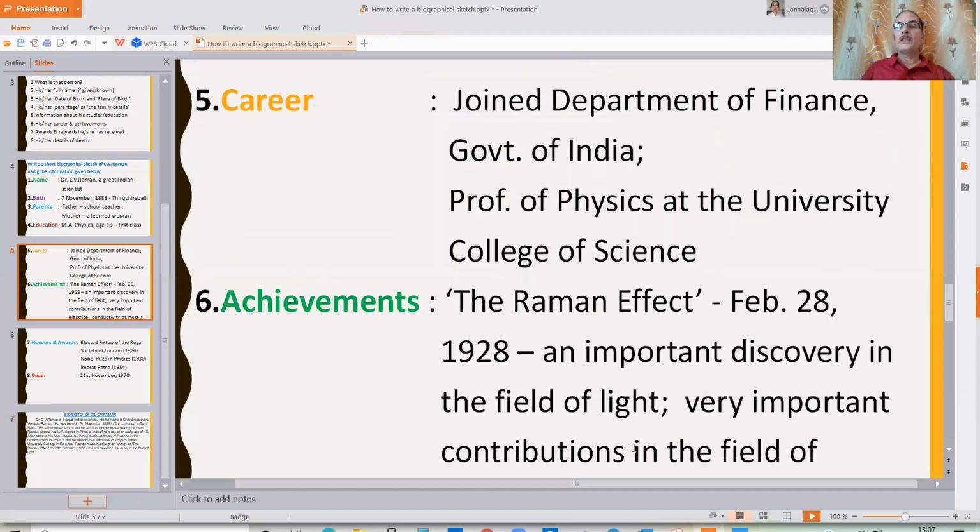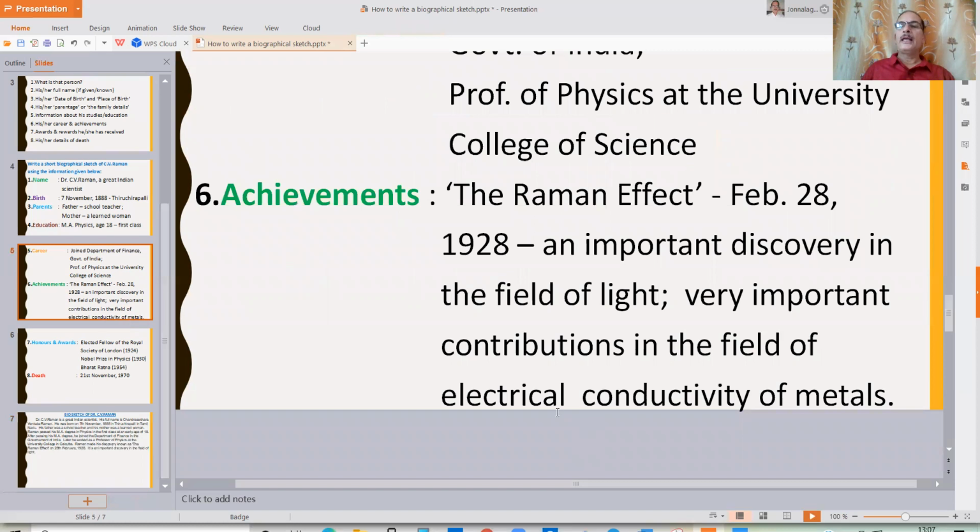Next, very important contributions in the field of electrical conductivity of metals. So Raman discovered not only the Raman effect, which is based on light. He made some other discoveries, important contributions in the field of electrical conductivity of metals. In other areas also, he did some research. That's why very important contributions in the field of electrical conductivity of metals. Who made these contributions? Raman.